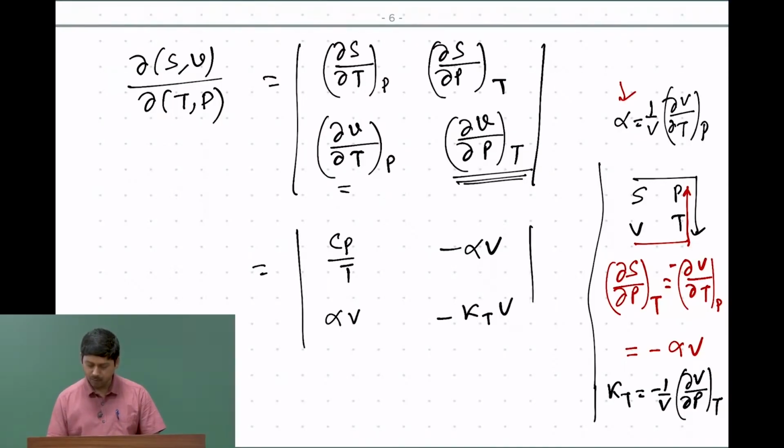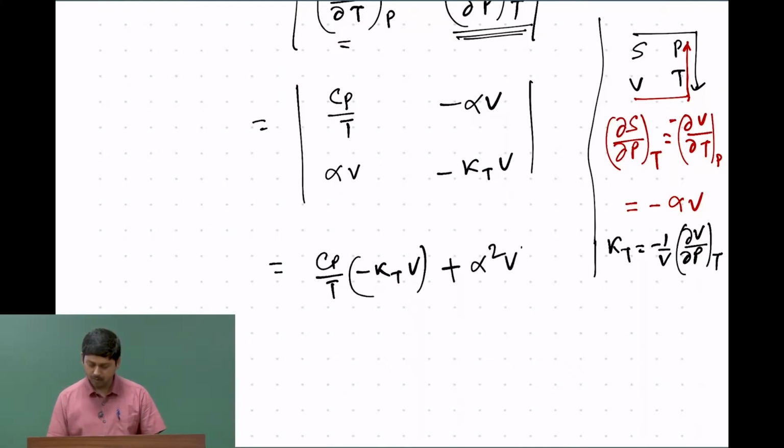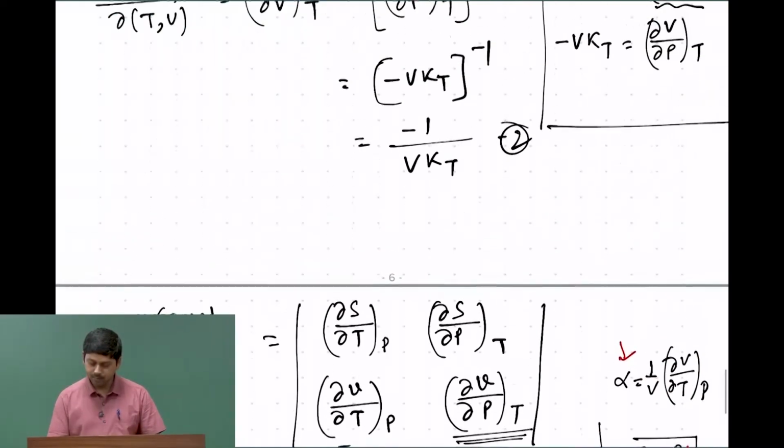Now, I have all the 4 quantities. Let us multiply that and see what we get. We get Cp by T, minus kappa T V, minus minus becomes plus alpha square V square. Let us call that equation 3.